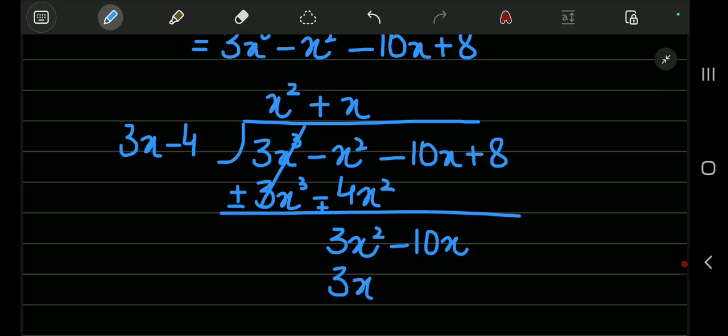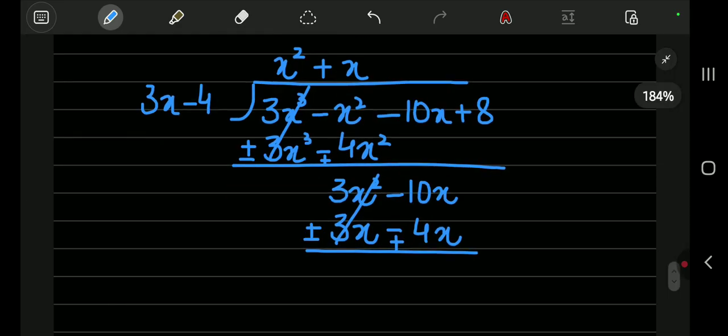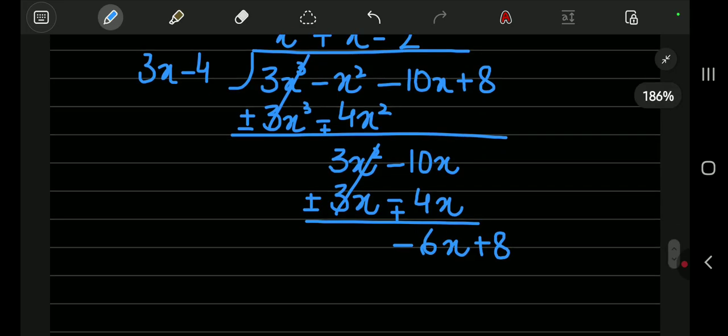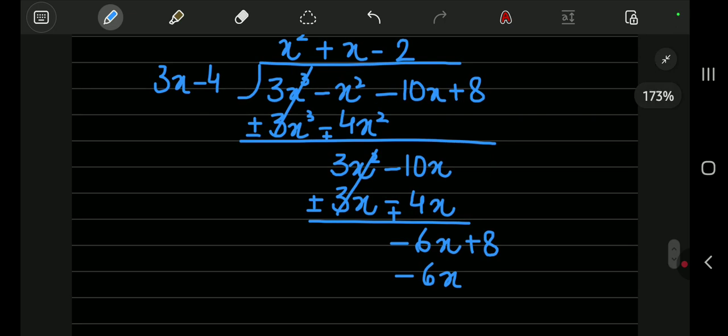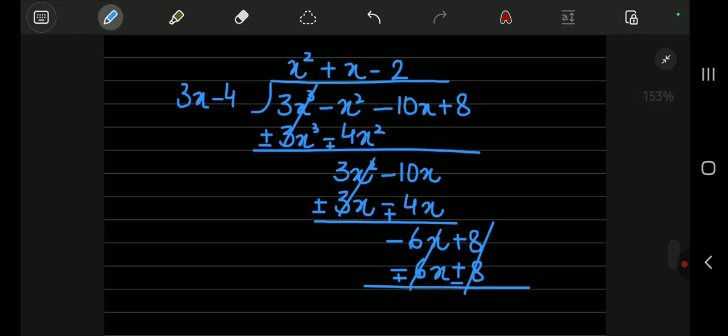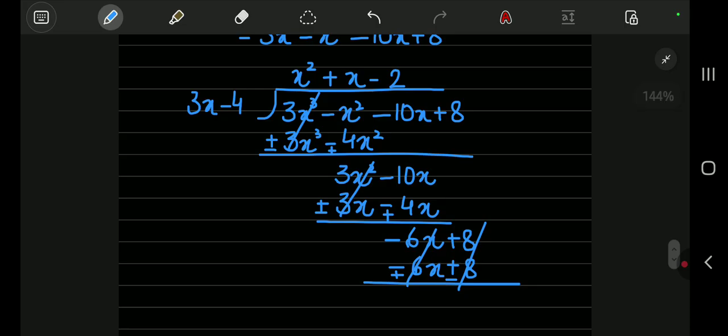So your next term will be x, and minus 4x. Minus 10 plus 4 is minus 6x plus 8. Then minus 2 times will give you minus 6x, and minus 4 times minus 2 will be 8. So it will just solve, and the result of this long division is x square plus x minus 2.